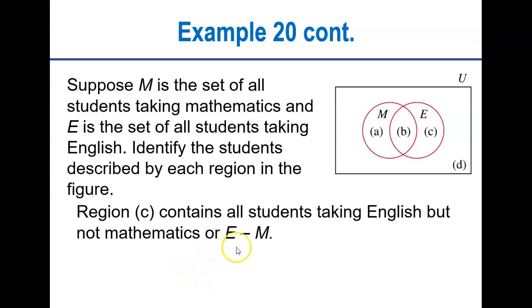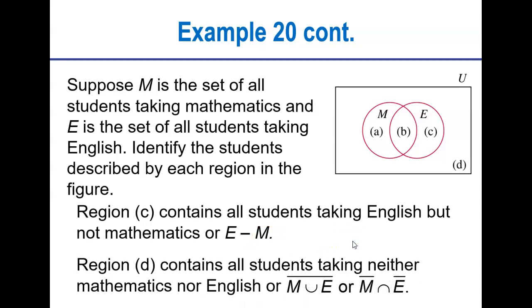So we would say the set difference from E to M. Now, if we take a look at region D, this contains all students taking neither mathematics nor English. So it would be the complement of M union E, or the complement of M intersect the complement of E.